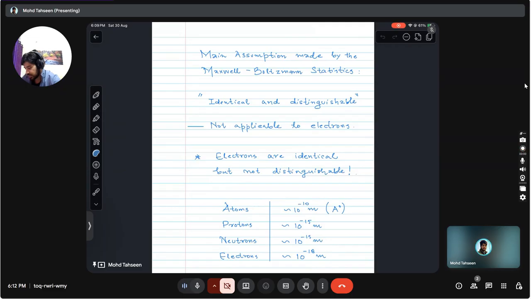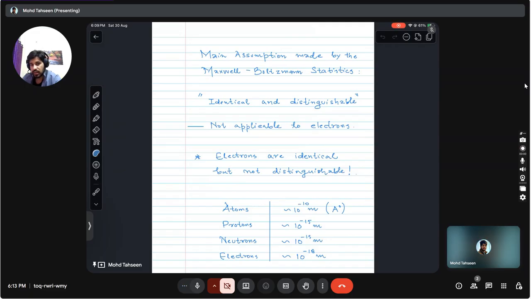There is a basic assumption that we make in Maxwell-Boltzmann statistics, which is that all the particles are classical particles. They behave as classical particles, which is not true for electrons or other subatomic particles. So in Maxwell-Boltzmann statistics, we assume that the particles are identical and distinguishable.